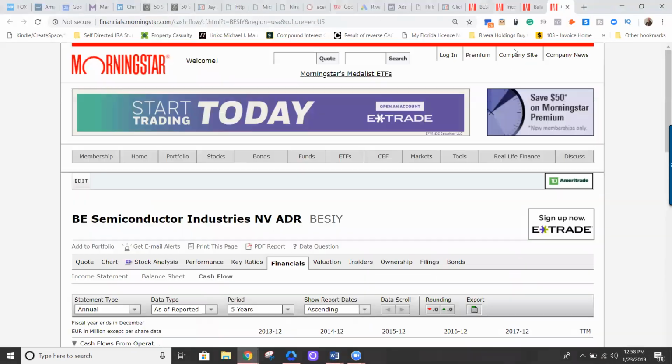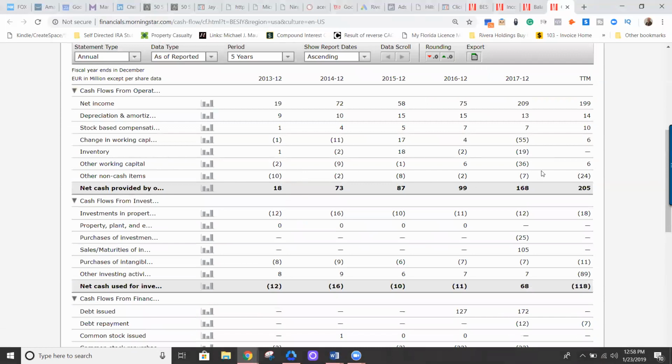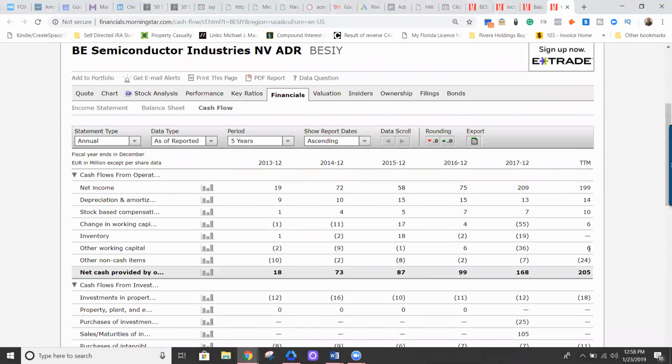And then changes in working capital, 6. Okay, so here's where we're getting to the interesting stuff. So 6 to negative 2. Oh no, I'm on the yearly. Where are we at here? 6 minus 2, 8. So you can see the mistake I almost made there? Yeah, that's the 2013. So 6 to negative 36. So what should this number be? 6 minus 36.